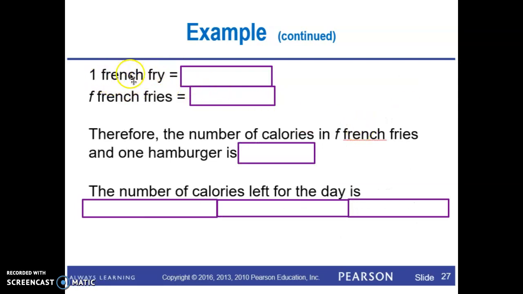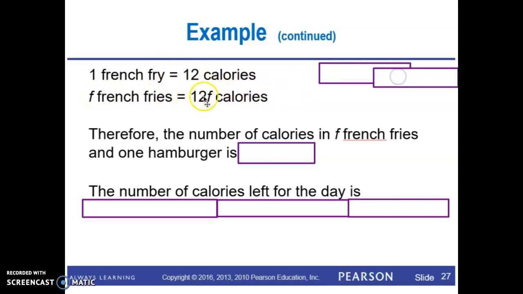So one French fry, what did it say to us? How many calories does each French fry have? Well, each French fry is 12 calories. So if I eat F French fries, how many calories will I eat? 12 times F. 12 calories per French fry times the number of French fries gives me calories consumed.